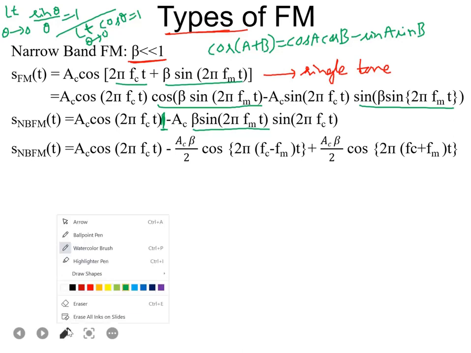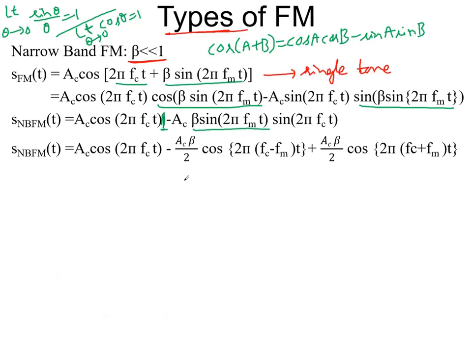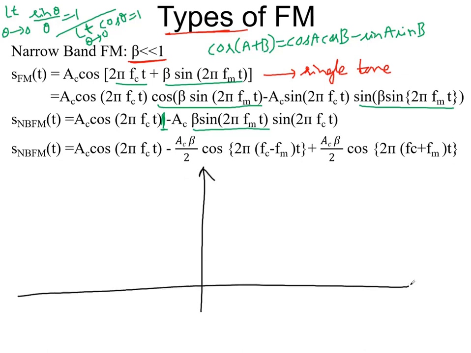Now if you want to observe how the plot of this will be in the spectral domain, we need to understand the spectrum for the narrowband FM signal. This is the frequency axis, this is 0. Then I am trying to represent the spectral representation for this narrowband FM.